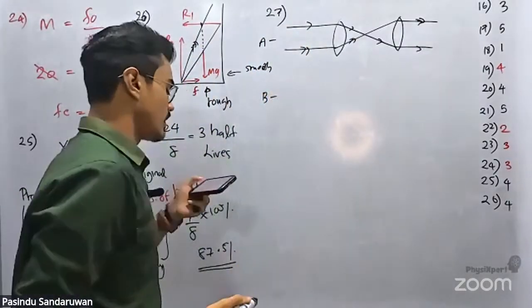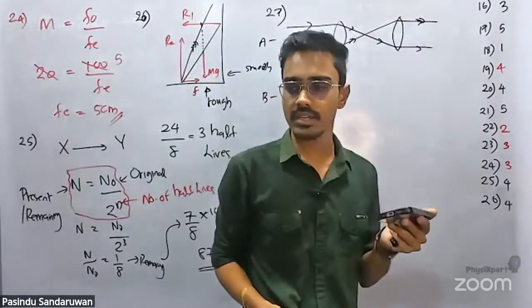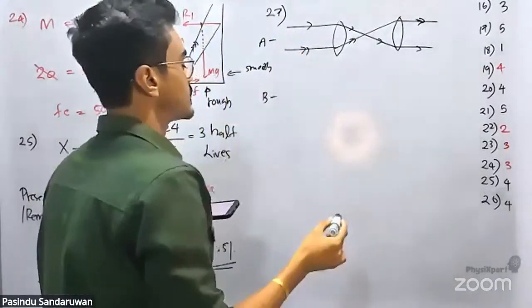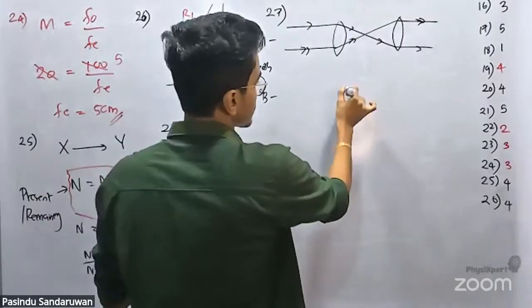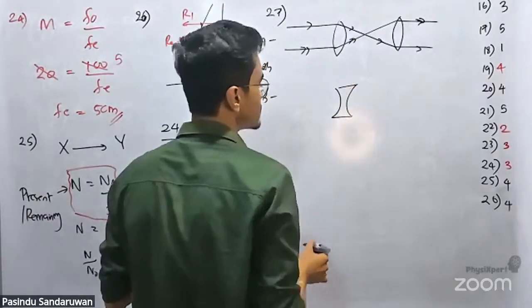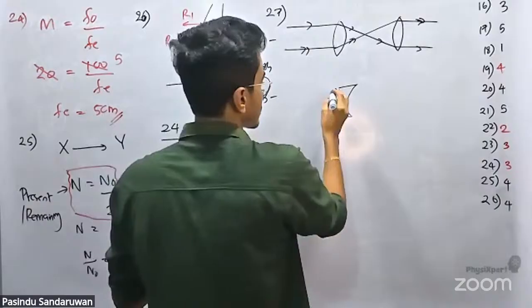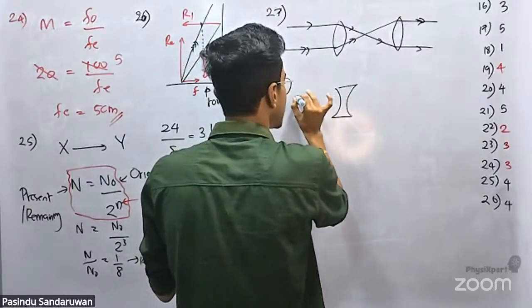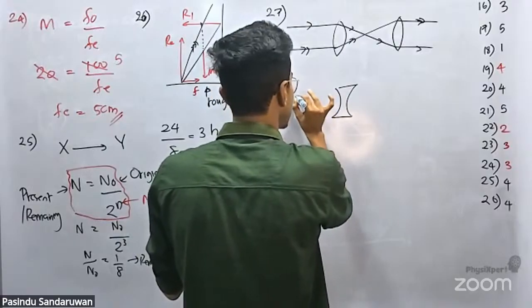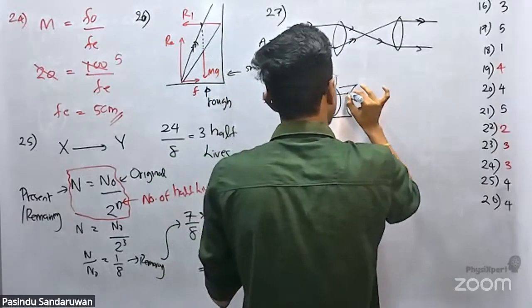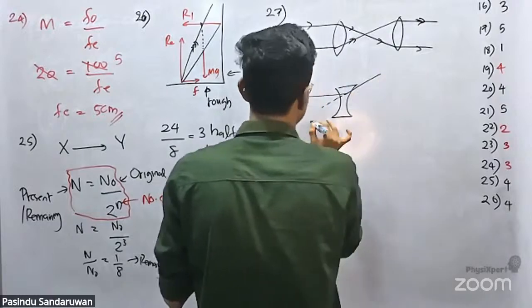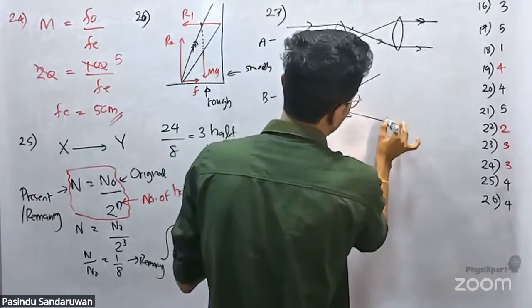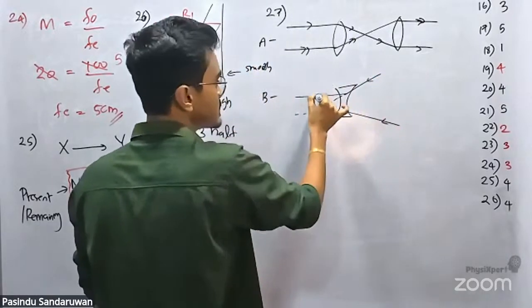B, one convex lens and one concave lens. No. If that's a concave lens and this kind of ray comes, what happens is this.